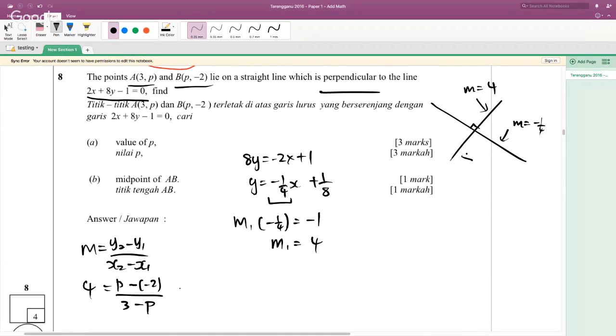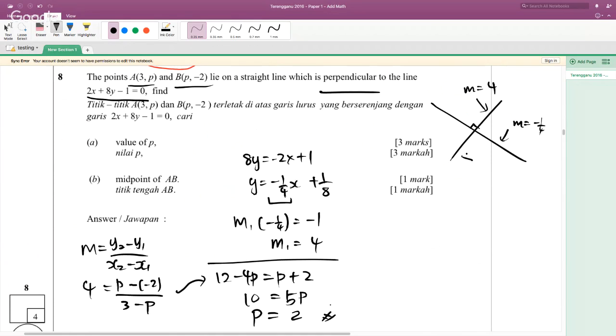All right, I just solve this one. I should be able to get something like this. So it will be 12 minus 4p equals p plus 2. So 5p equals 10. P equals 2. All right, it should be very easy.